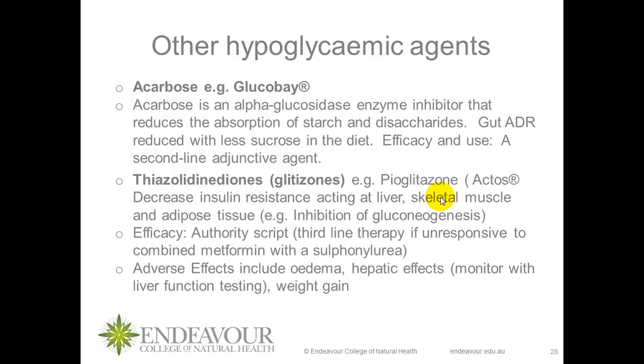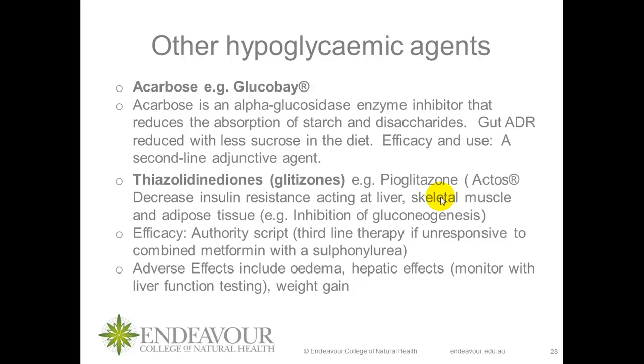It does have adverse drug reactions in the gut, but these are reduced if the person takes a diet that's lower in sucrose, so that is often very advantageous for them anyway. So its efficacy is as a second-line adjunctive agent if needed to help control the person's hyperglycemia and to get them into glycemic control.